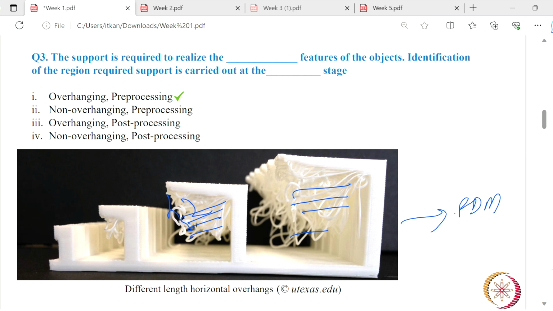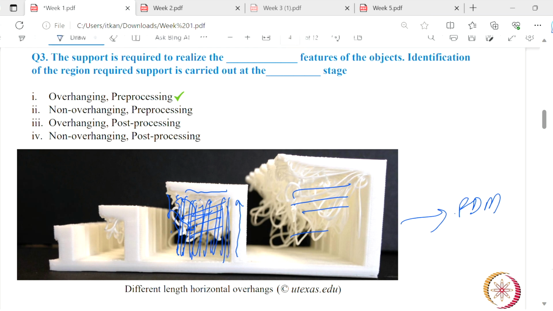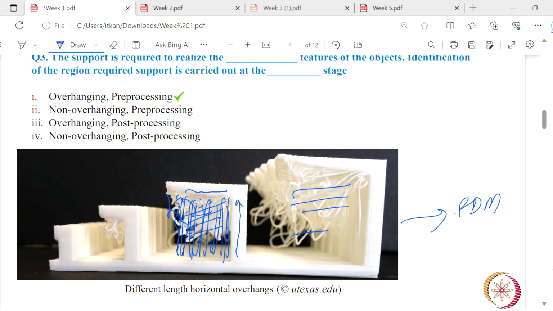So, suppose we are printing like this. When we reach this layer, there is no material below this layer. So this material will start to fall down. To avoid this, we provide enough support. Now, this support can be removed manually.